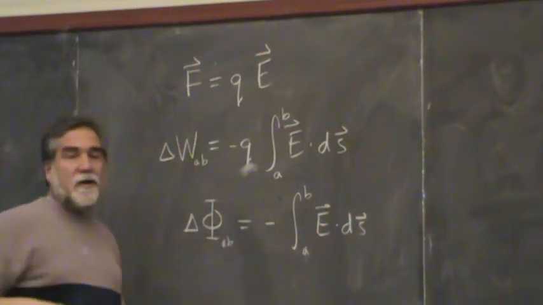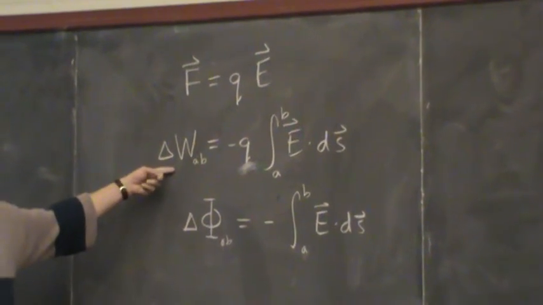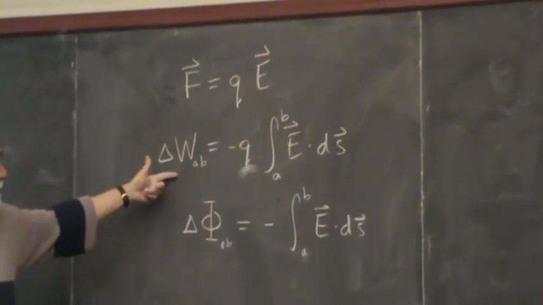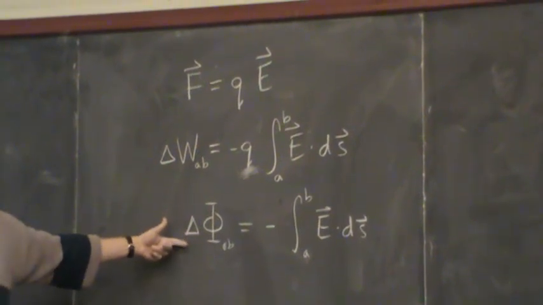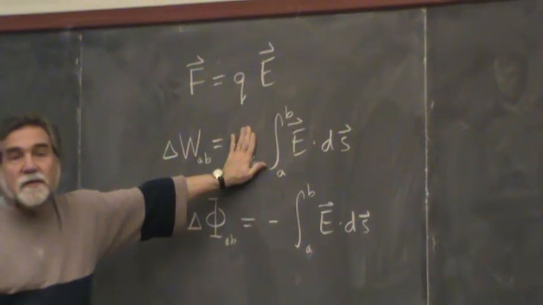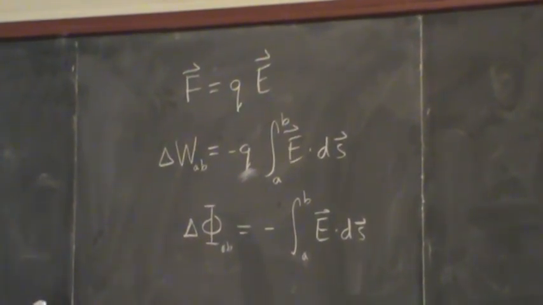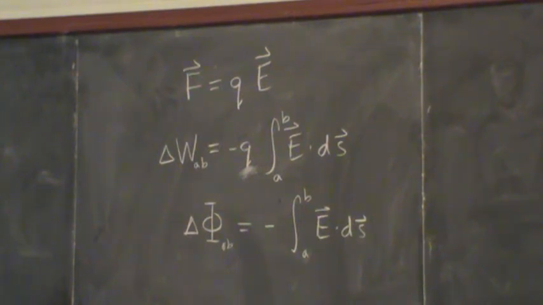So I just take the charge out of the problem. That's the change in potential energy, barring a sign error, and I can eliminate the charge and just ask about that property of space, which is the electric field.